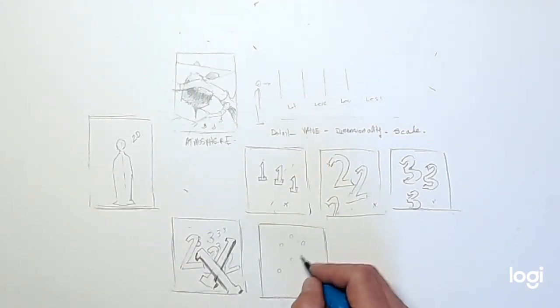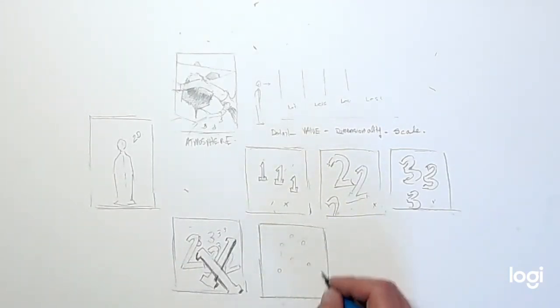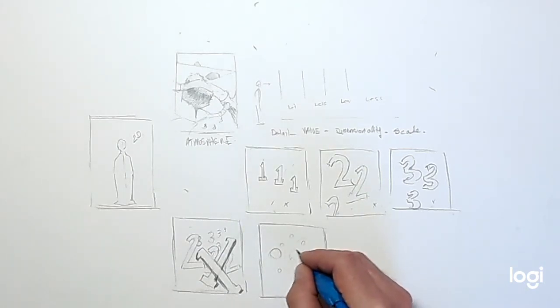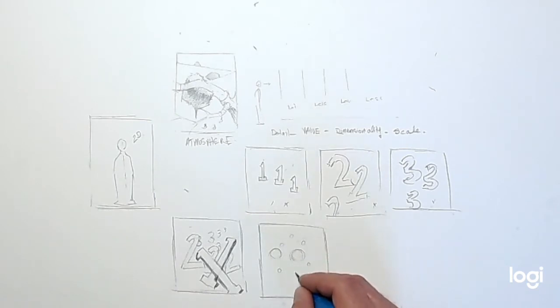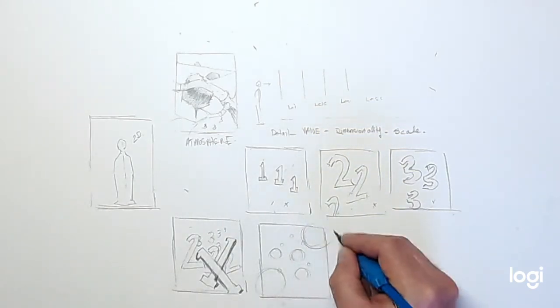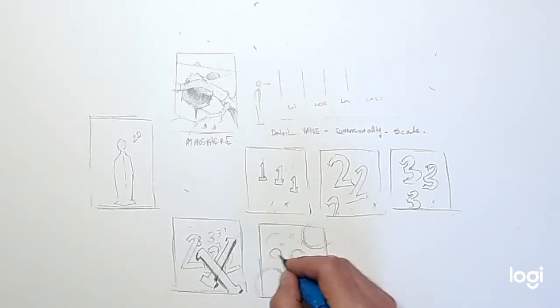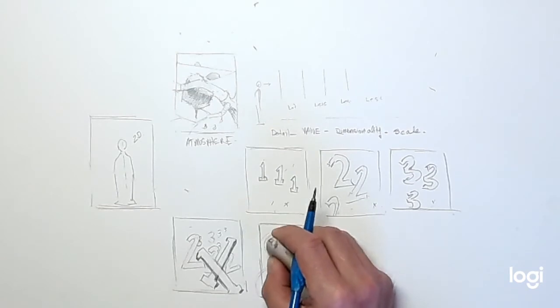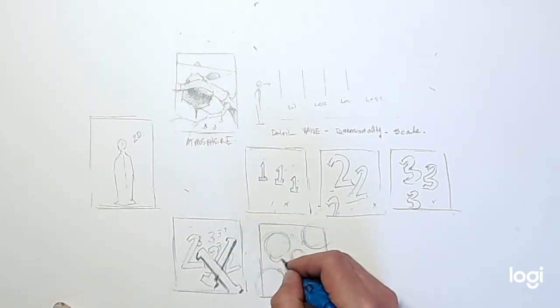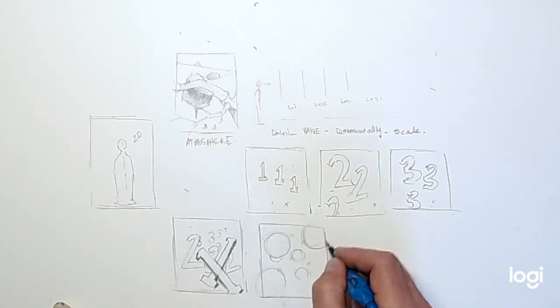And we could put bigger circles moving into the foreground, midground, and then we could start to handle the foreground. And this starts to build a nice sense of space.